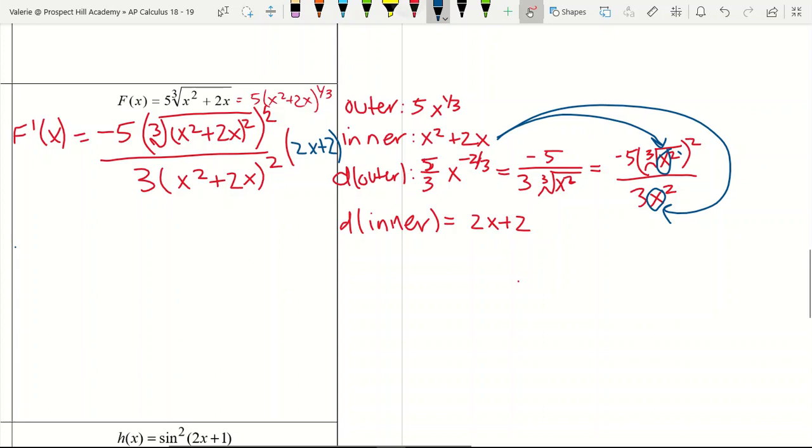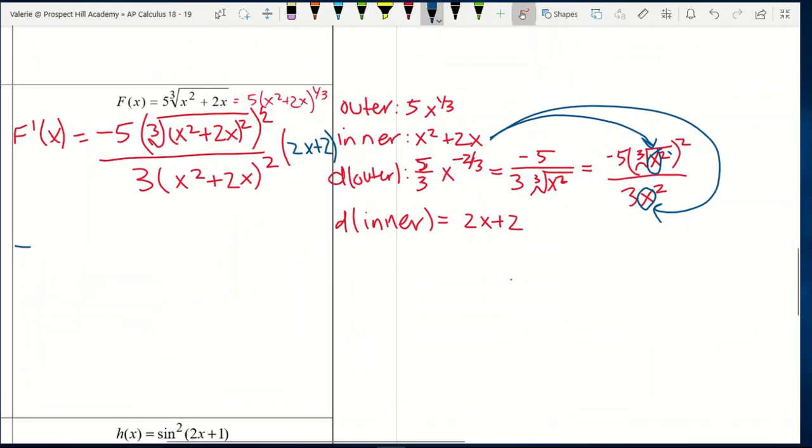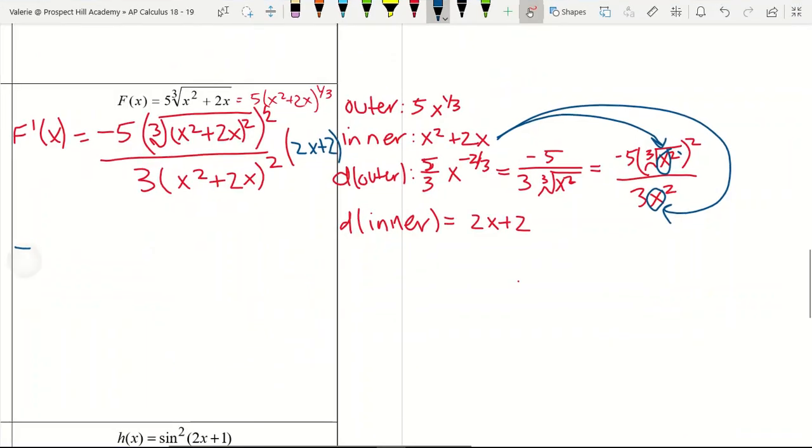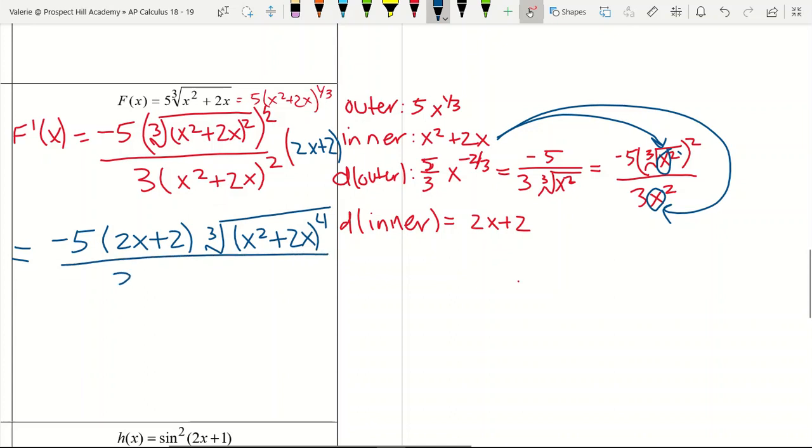So when we simplify that, we get negative 5 times 2x plus 2 times the cubed root of x squared plus 2x to the 4th, really, because the squared and squared, all over 3 times x squared plus 2x squared.